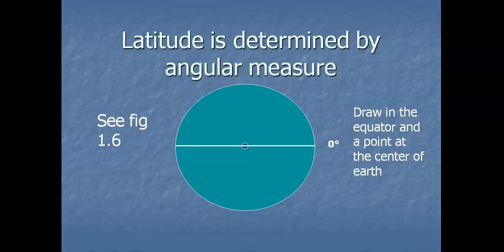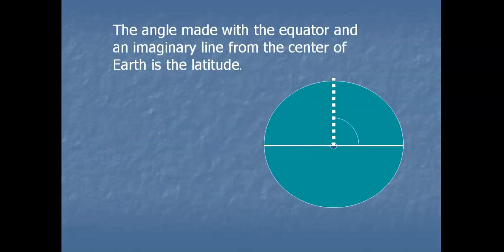And so what I'm showing you here is the Earth. I've drawn in the equator, and then I've drawn in a dot representing the center of the Earth. Now, from that dot at the center of the Earth, I'm going to draw an imaginary line outward to the surface of the Earth. Here I've made a dashed line, and I'm just using the northern hemisphere, but it works for the southern hemisphere too.